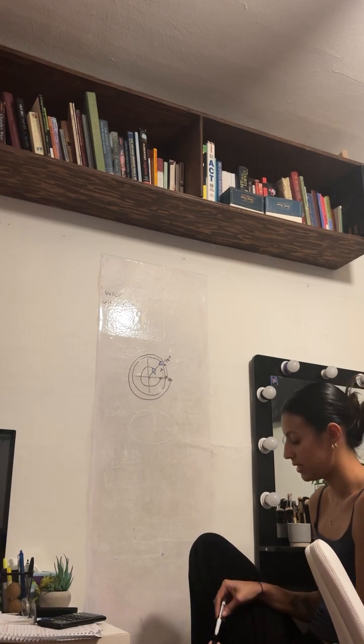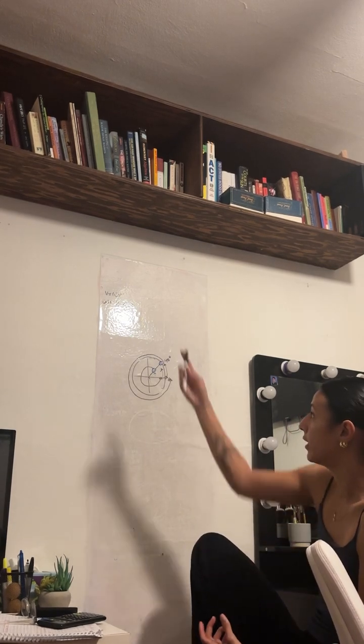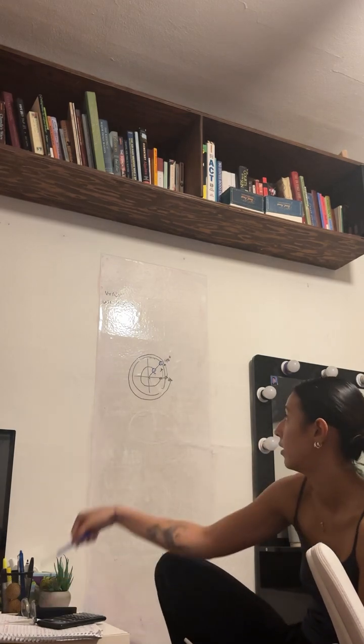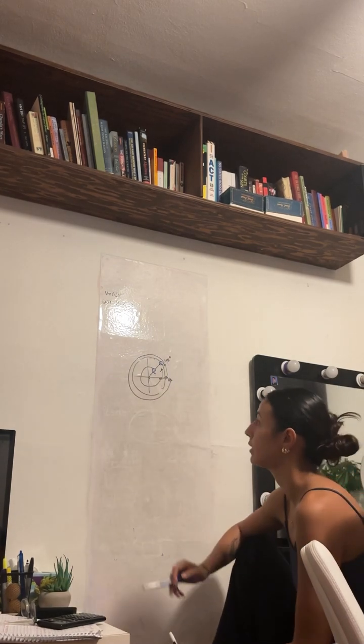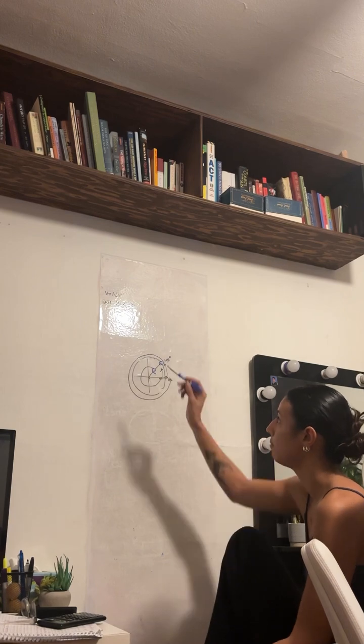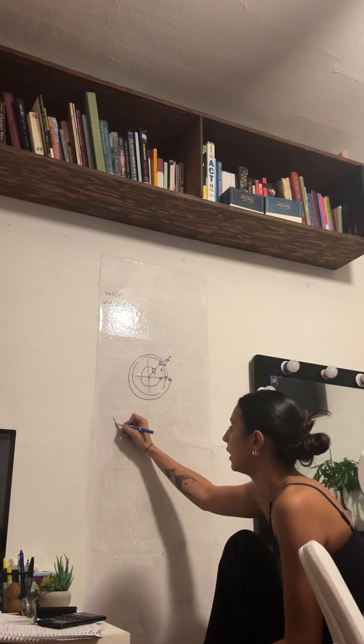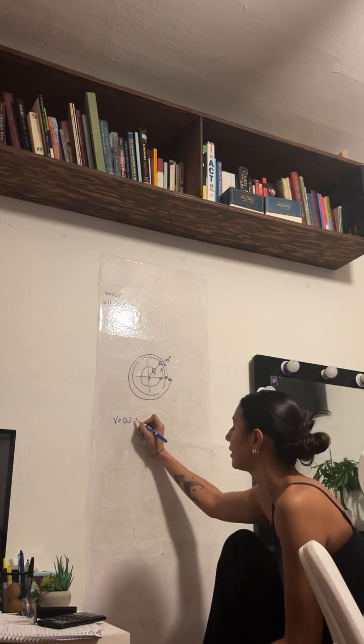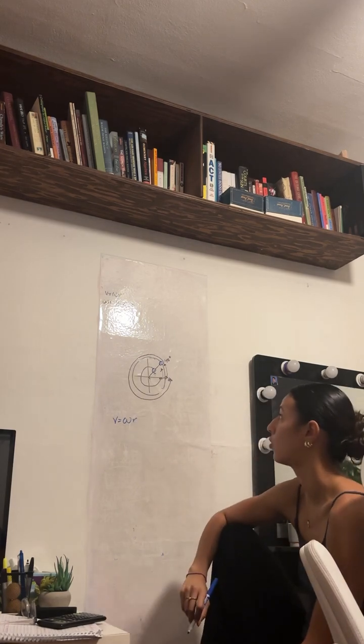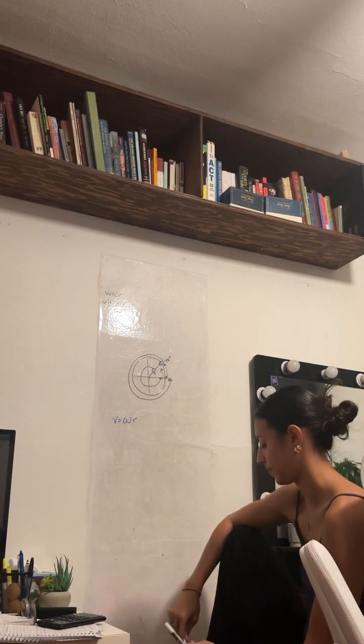Hopefully that makes sense. We have some equations up here to help us, where if we know our angular velocity, we can calculate our linear velocity by the equation I wrote up there. Linear velocity is your angular velocity times your radius.